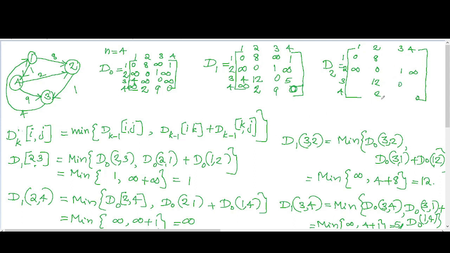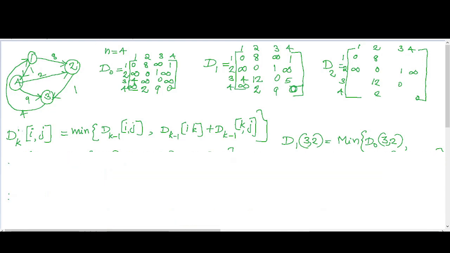Now we have to find the other entries also. Now I am cleaning this portion, okay. Okay. Now, as in the previous case, we can calculate the corresponding elements here.